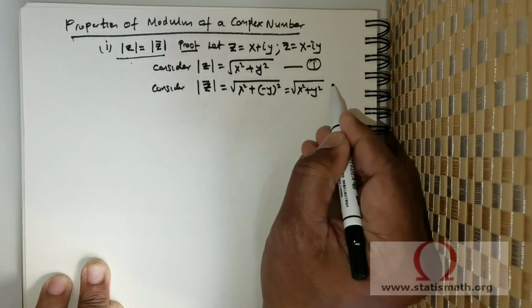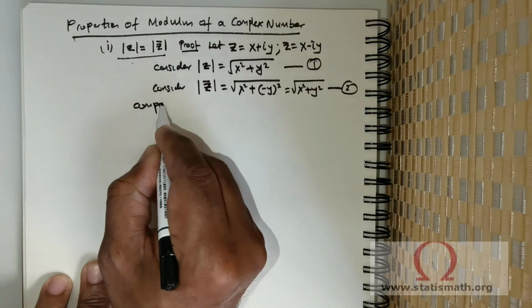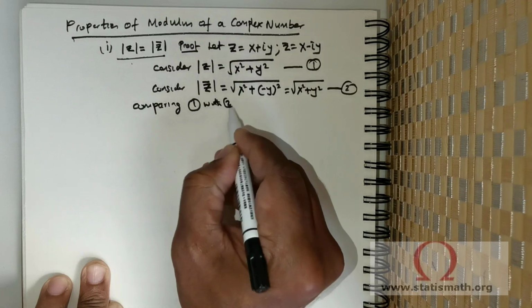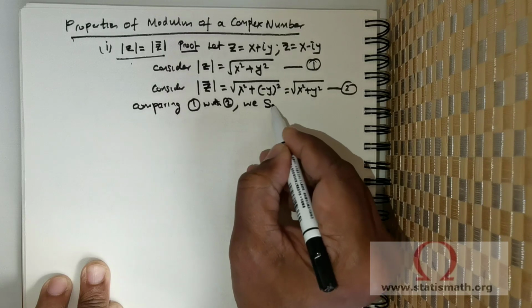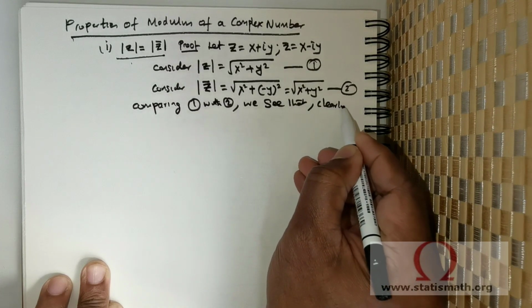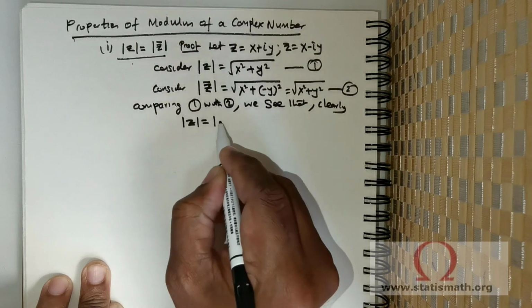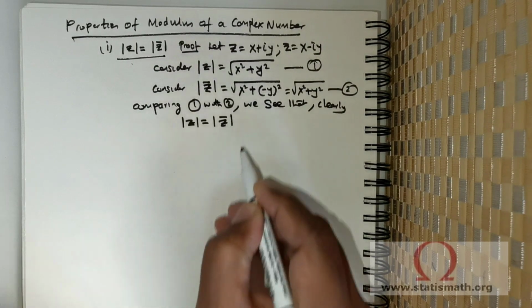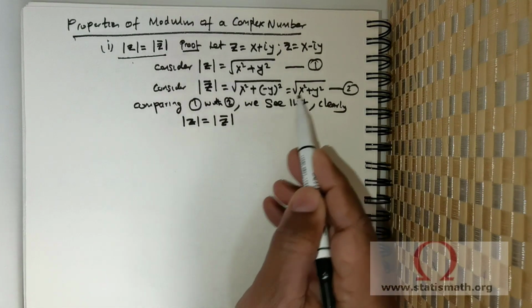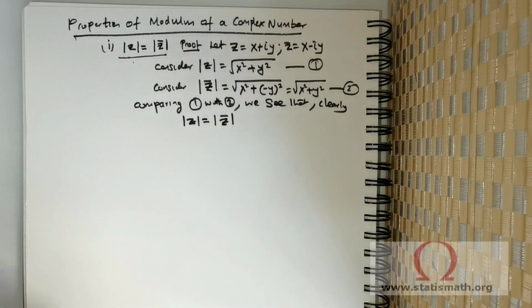If I take this as 1 and this as 2, comparing 1 with 2, we see clearly that the modulus of z is equal to the modulus of its conjugate. Both of them are root of x squared + y squared, and so they are equal. So this is the first result. I have shown you the first result.